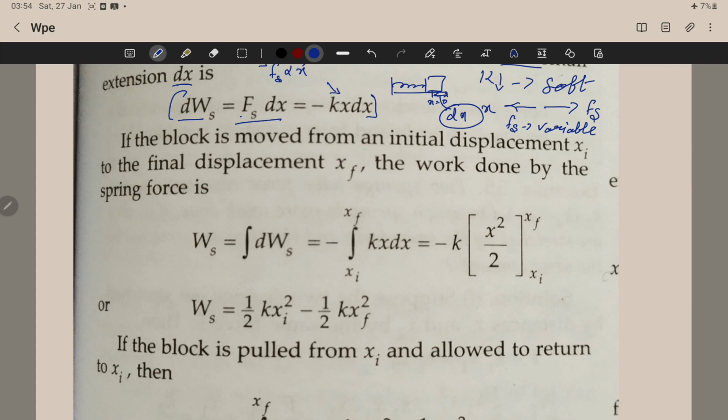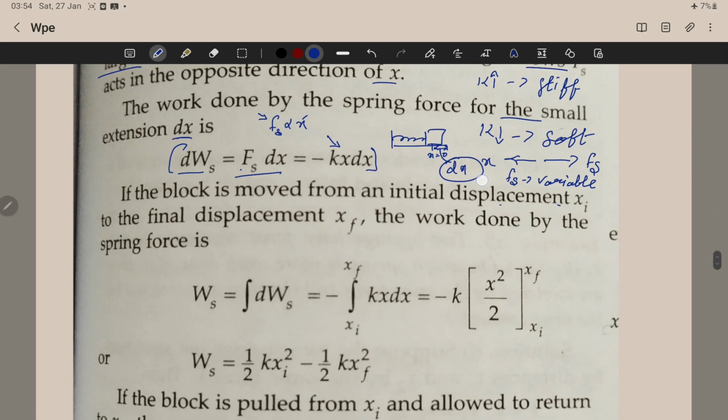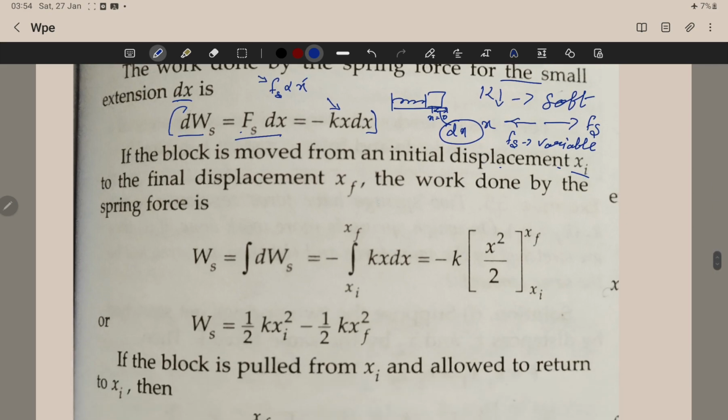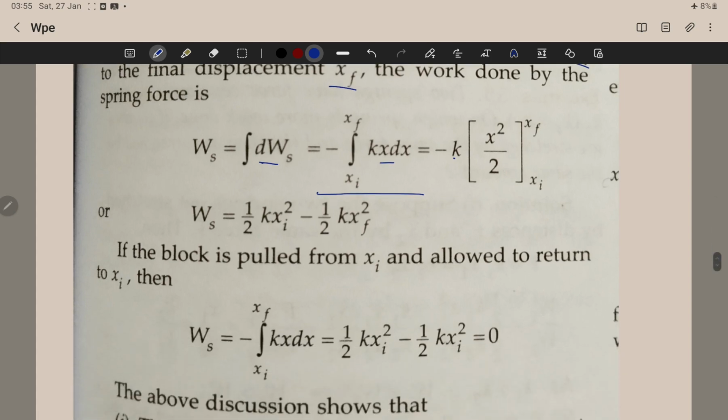Then the block is moved from an initial position xi to a final position xf, so we can write work done as the integration from x initial to x final. If we solve this, k comes out, and the integration of x becomes x square by 2. So this becomes our formula: half k xi square minus half k xf square.